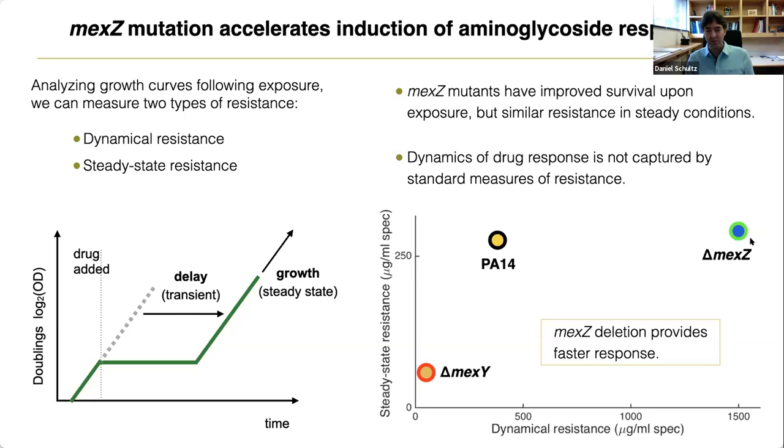When we look at these mutants that develop in the lung, we see that they actually do not have more resistance than the wild type in MIC, right, in the traditional measures, but they do develop a faster response that supposedly makes them more adapted to changing environments, to antibiotic treatments.